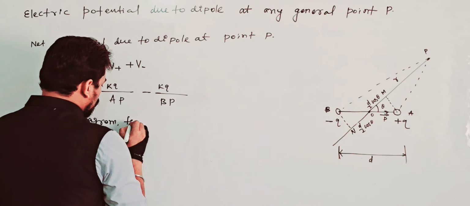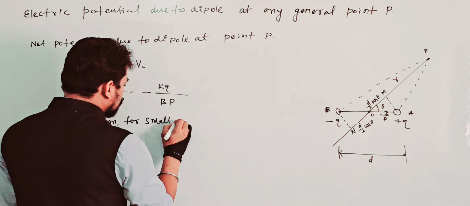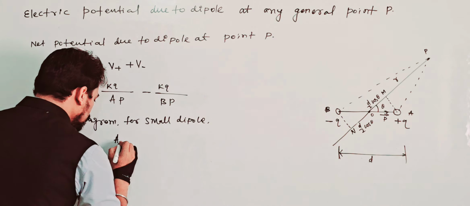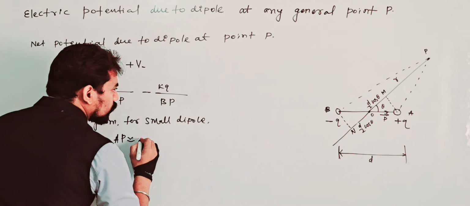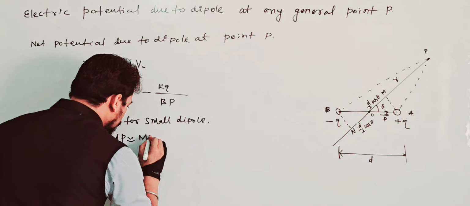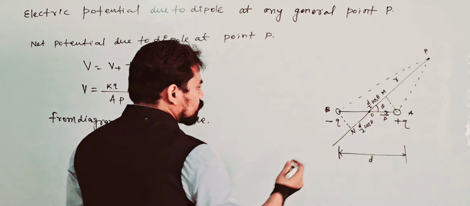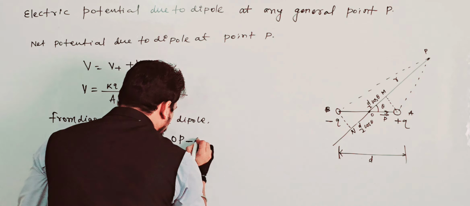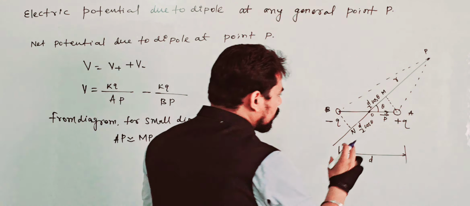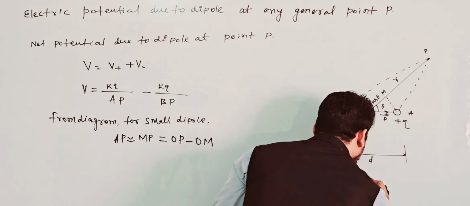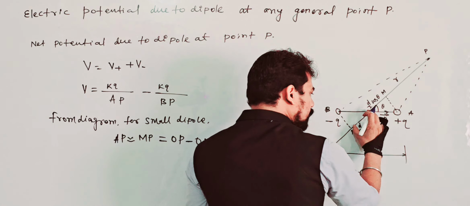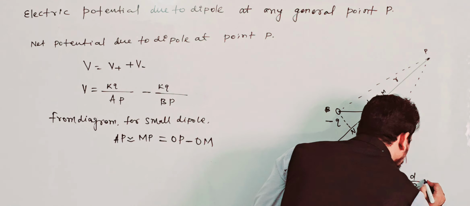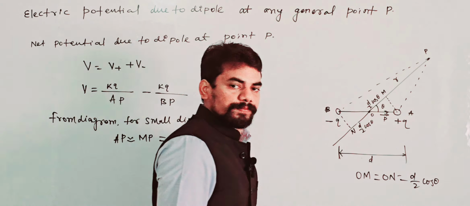For a small dipole, what can we write? AP approximately equals MP. This MP equals OP minus OM. You can see here OM and ON are equal in magnitude, d by 2 cos theta.